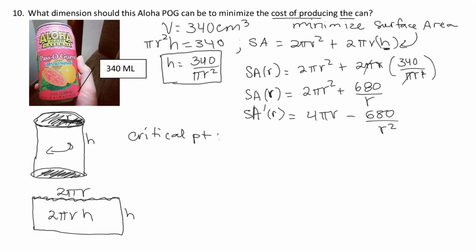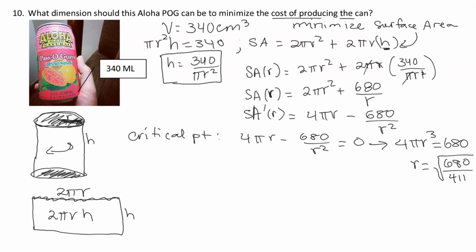Then the derivative is equal to 0 when 4 pi R minus 680 over R squared is equal to 0. That means 4 pi R cubed is equal to 680. So R is equal to the cube root of 680 divided by 4 pi.